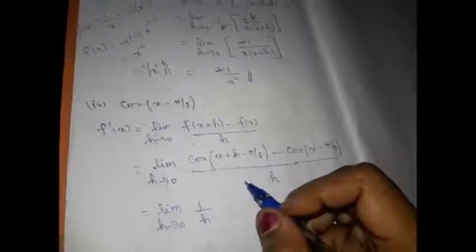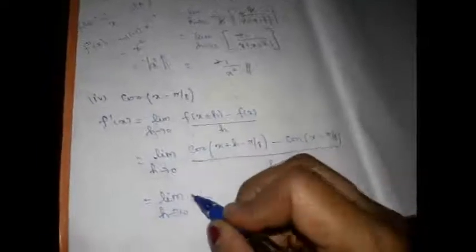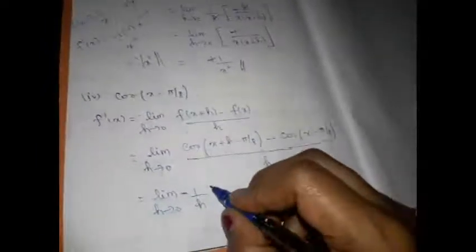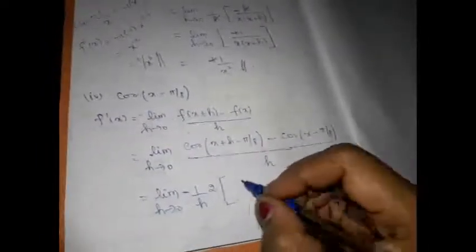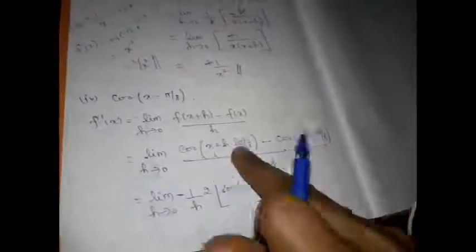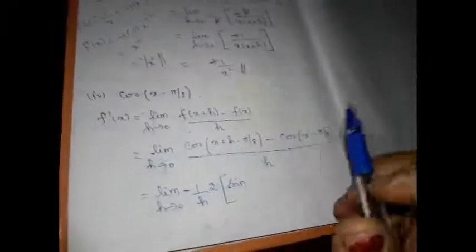Right? Now which is nothing but limit h tends to 0, we can take this 1 by h outside. Now this is of the form cos C minus cos D as we have done previously, which is going to be minus 2 into sin of (A plus B) divided by 2, right?